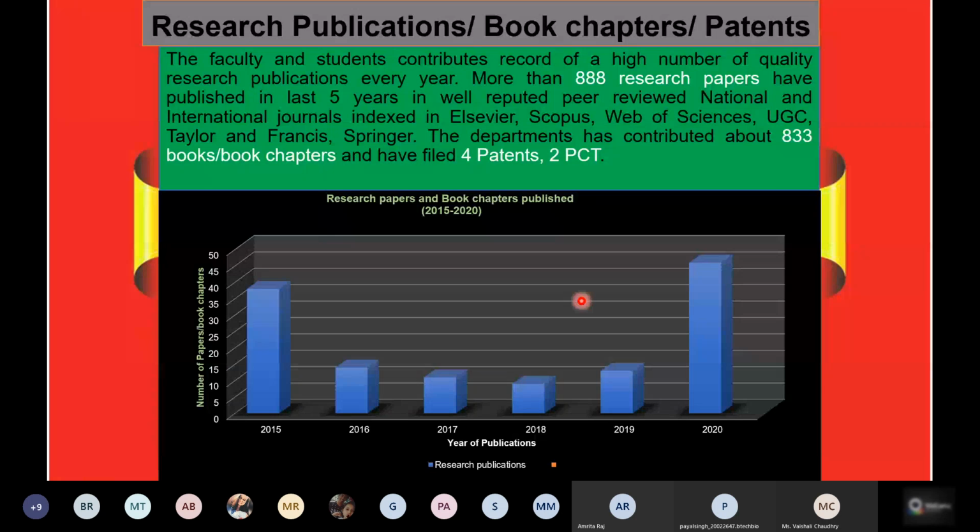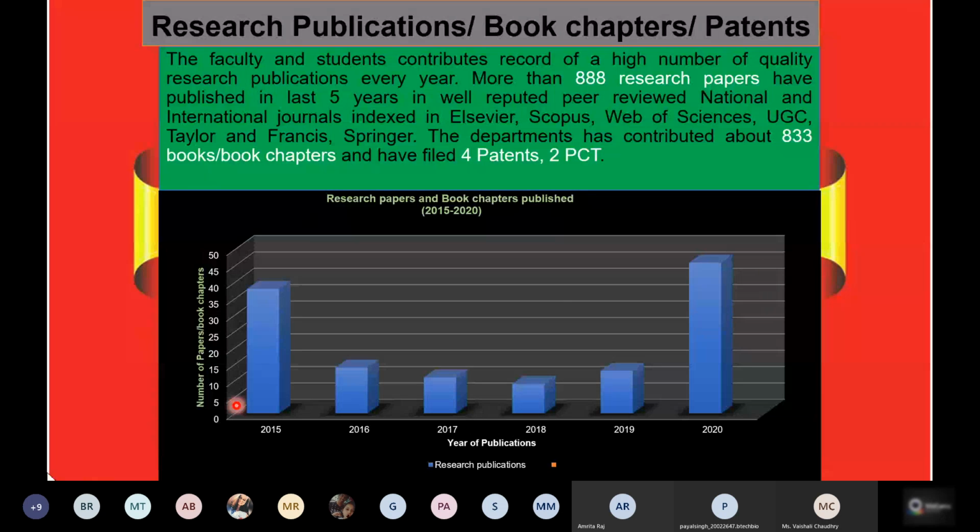The university is continuously growing in the area of research, and this is a place where you can do research. The scholars, the faculties, and the students are mutually doing the research, right? And this graph is showing how the research publication is going up.